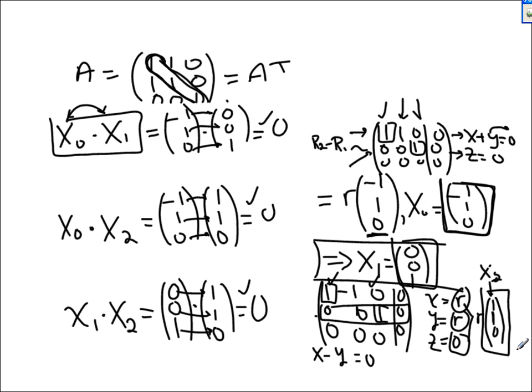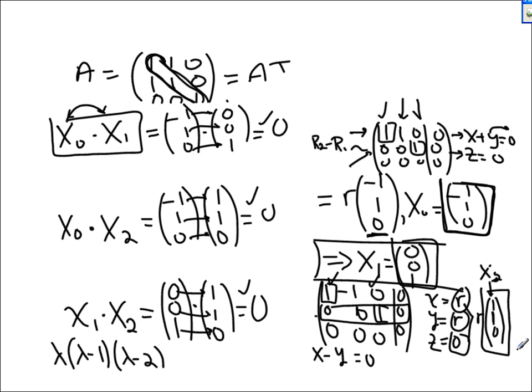The eigenvectors were orthogonal. Now, this problem would have been a little bit more interesting if I had, say, the characteristic polynomial not being lambda times lambda minus 1 times lambda minus 2.